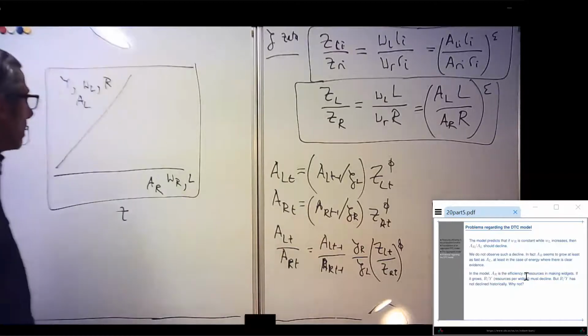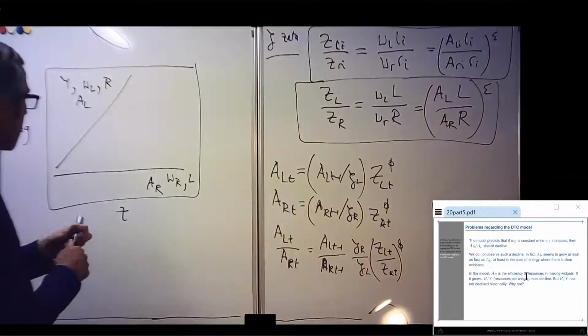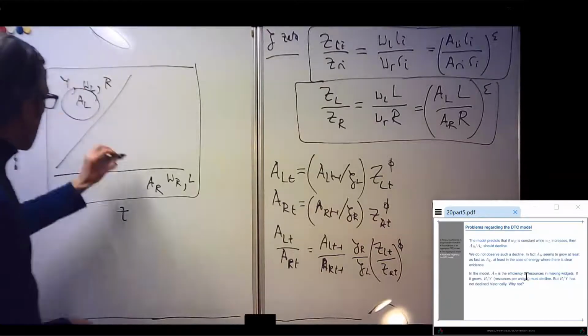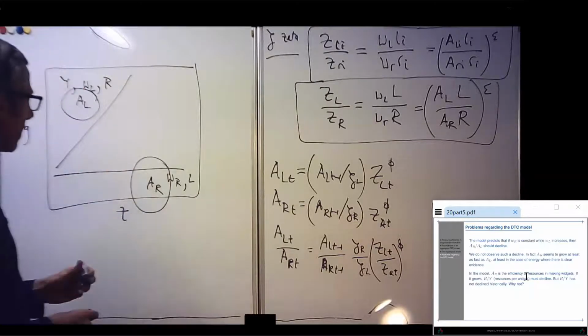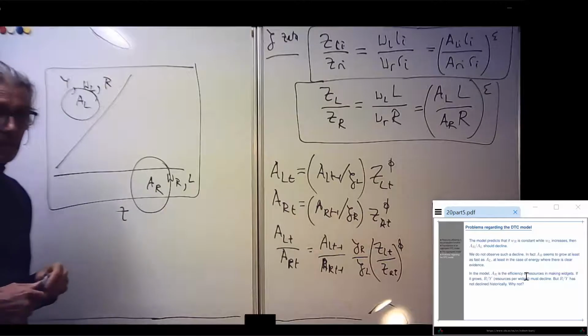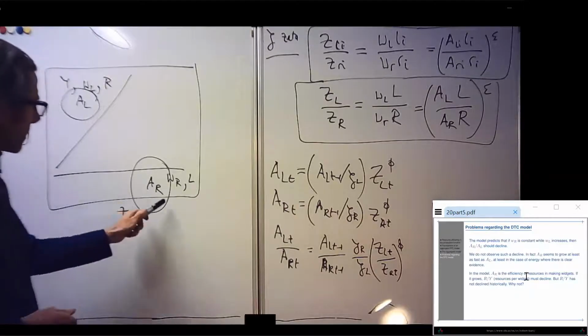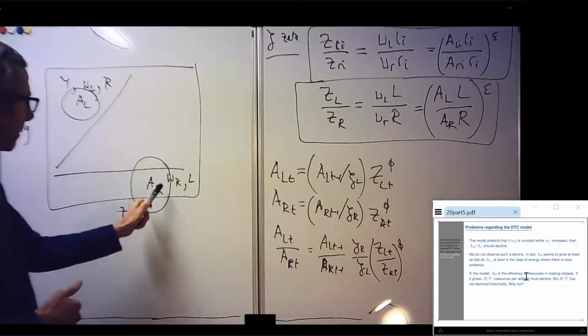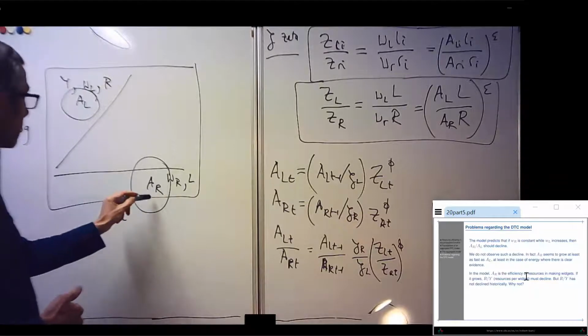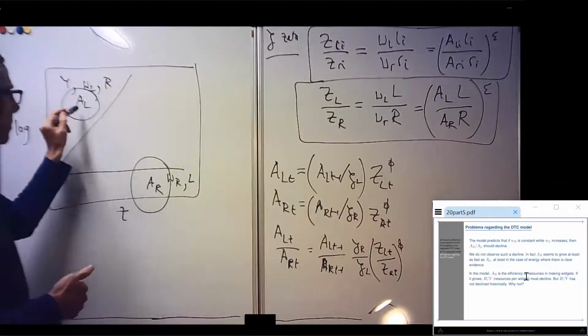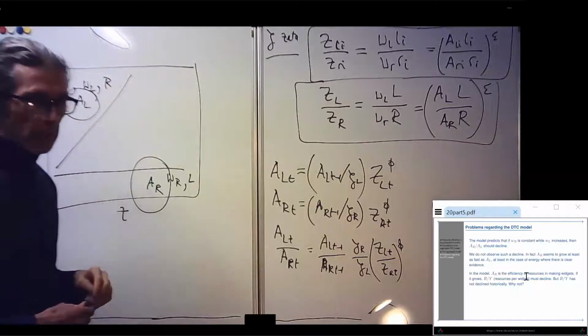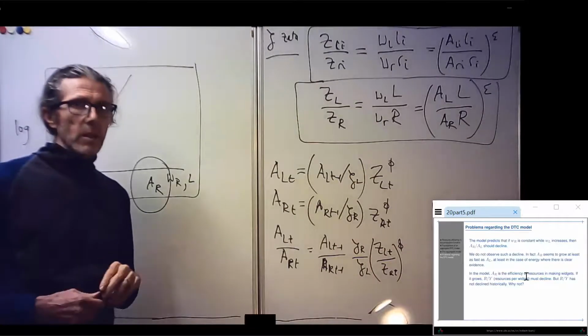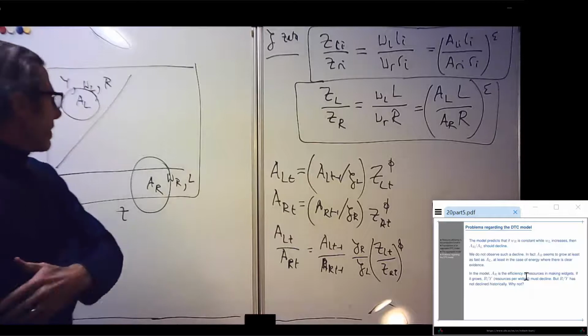Okay, but what does the data say about AL and AR? Because this is kind of odd, isn't it? We're getting way more efficient at using labor, but we're not getting any more efficient at using resources. So is this really the case?